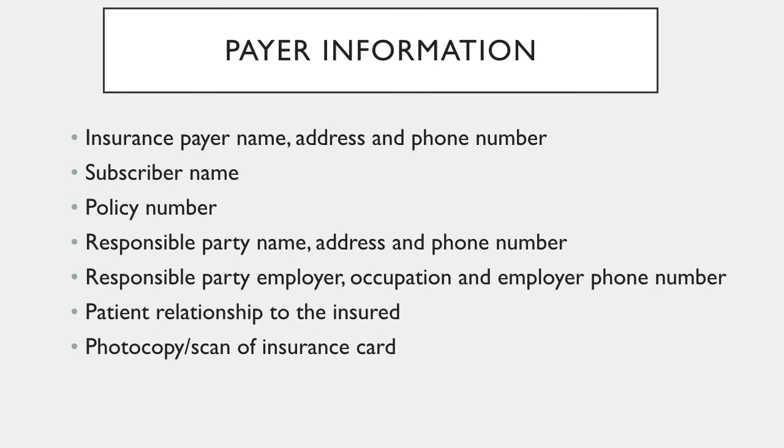We need to know all the information about that individual. If it's an insurance or a third-party reimburser, we have to have that information, including the name of the beneficiary, which might be the spouse or the parent, as well as the policy number and all the other details, and a copy of the insurance card.